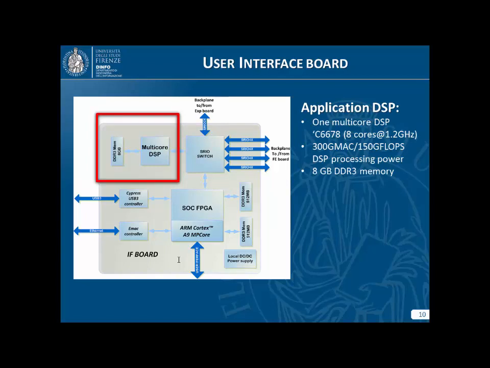And we also host here one multi-core DSP, which hosts 8 cores at 1.2 gigahertz. And this DSP is in charge of performing custom application modules, and also it is in charge of streaming the data to the PC, showing real-time elaborated data.